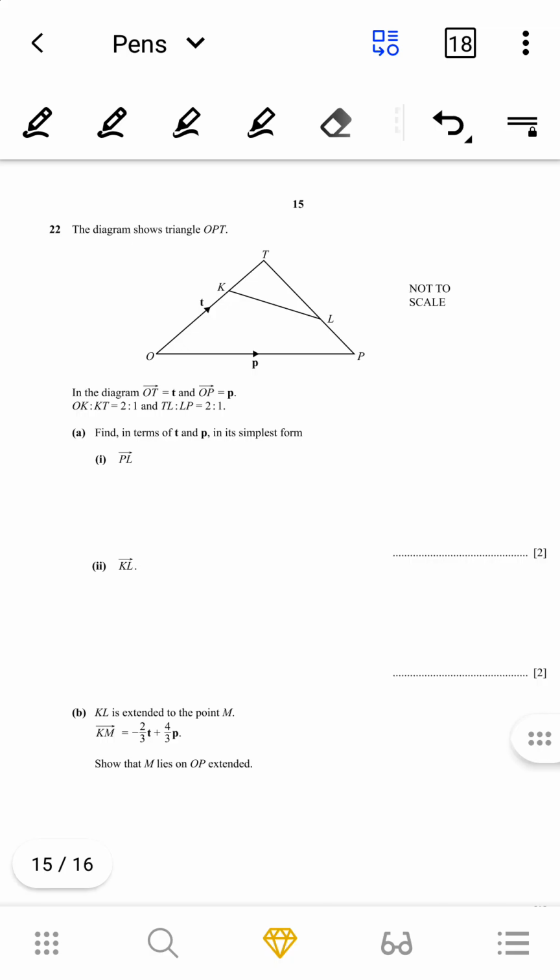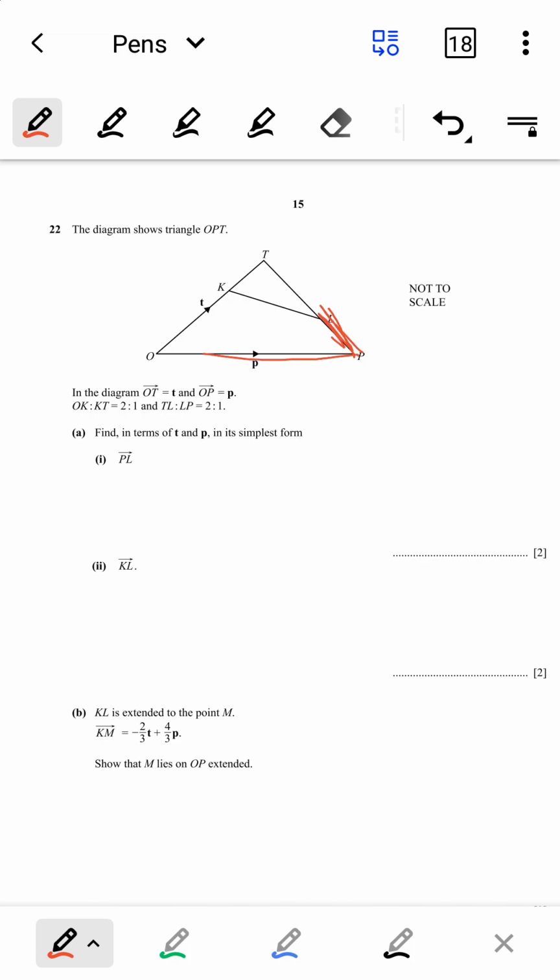Okay, the PL vector, see the PL. PL will come from this region to this region, the P vector. Very simple. Overall, from PT, I am telling you PT is in the reverse, opposite direction, so minus P plus T. Then look at here, what will OK be?